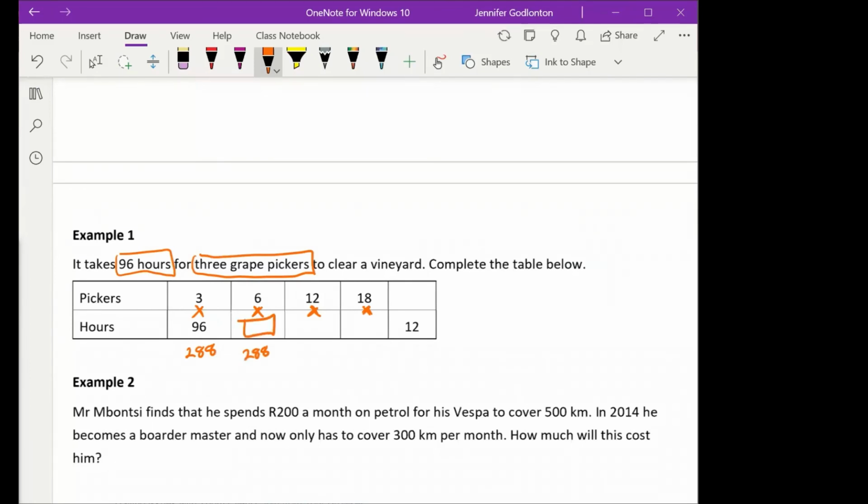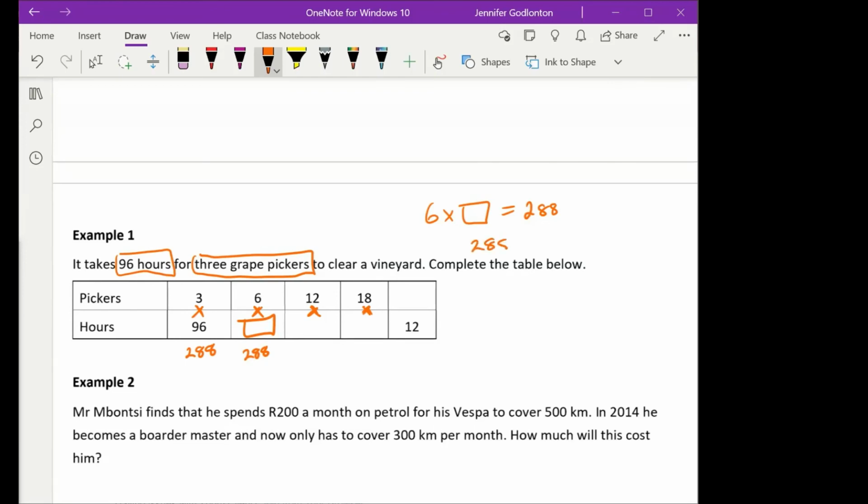So how do I find out what that number would be inside that box? Who thinks they can help me? 6 times something is going to give me 288. How do I figure out what that something is? Yes, I divide.